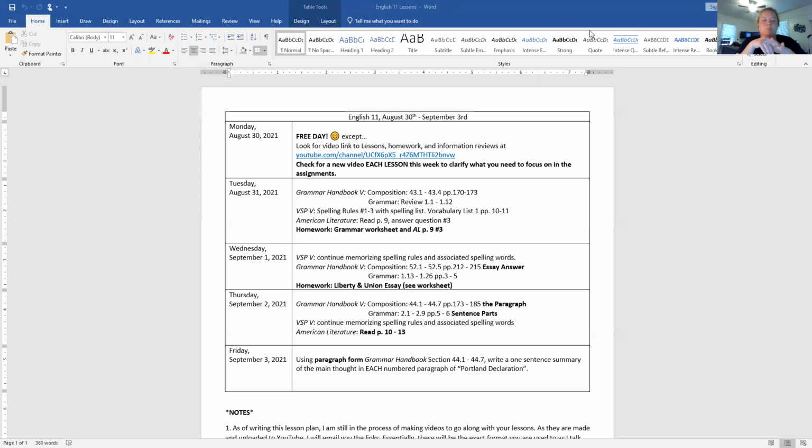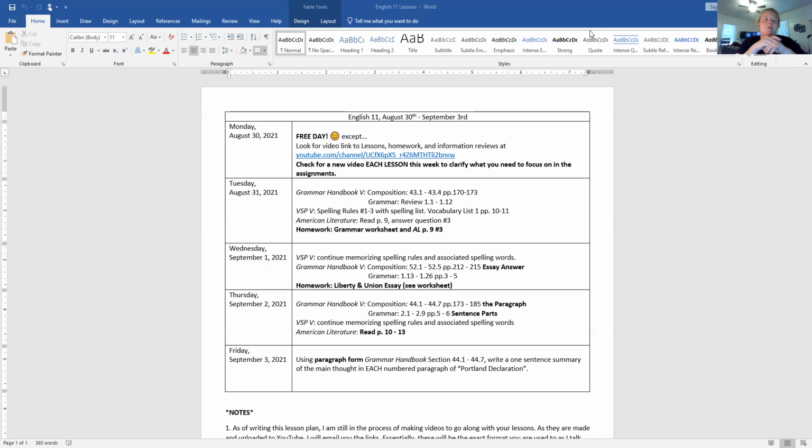We'll do a little grammar exercise that reviews what we've been talking about in grammar. And then we have our spelling list. Spelling I'm doing a little bit differently this year because I found that spelling is such a struggle for a lot of students. I'm actually going to go through the 31 spelling rules that apply to about 98% of English.